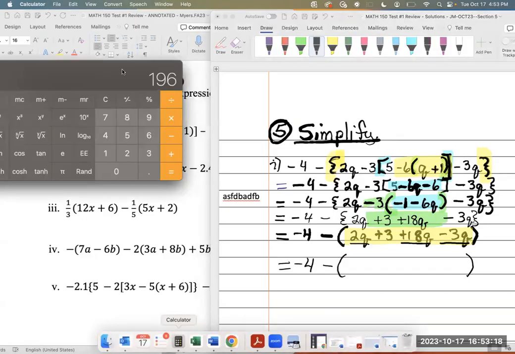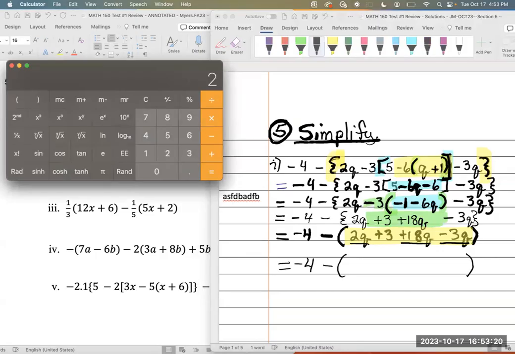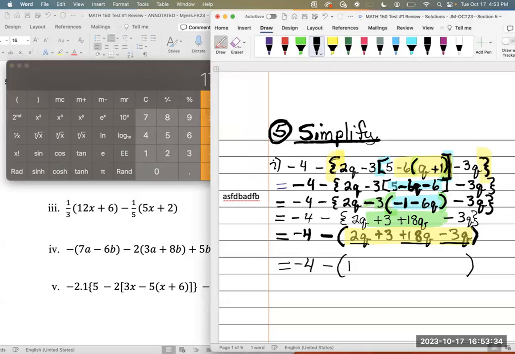Grab the calculator. 2 plus 18 minus 3 should be 17. And then I still have this constant term available. So my entire expression has now simplified down to this.